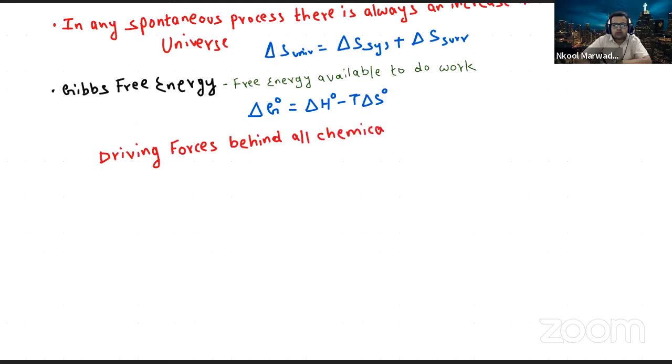So there are several driving forces behind all the possible chemical reactions which we come across. And those driving forces are enthalpy, change in enthalpy, delta H. Change in entropy, delta S. And change in free energy, delta G. So delta G, delta S, and delta H are the driving forces behind all the chemical reactions.